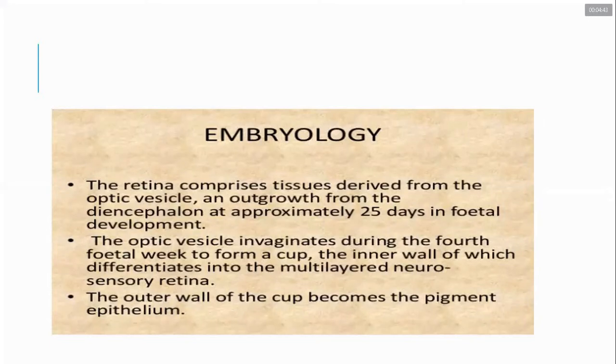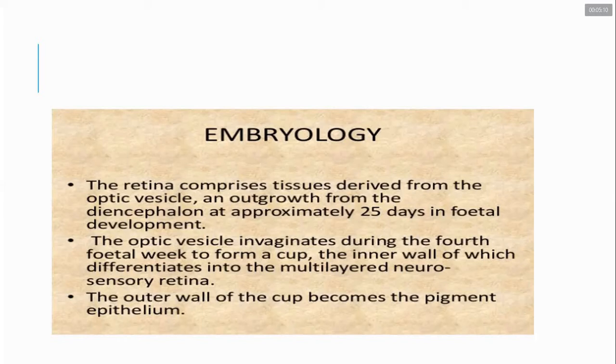So we have gone several times about the embryology of the retina during the embryology class, and even in the beginning of the retina section I have discussed. So let's revise a few lines. The retina comprises the tissues derived from the optic vesicles, an outgrowth from the diencephalon at approximately 25 days in fetal development.